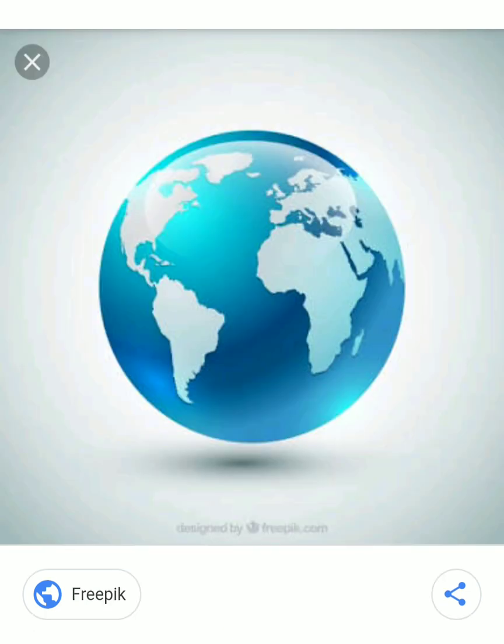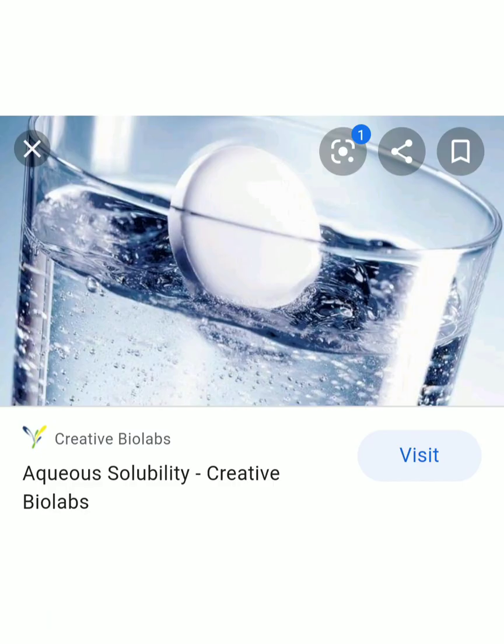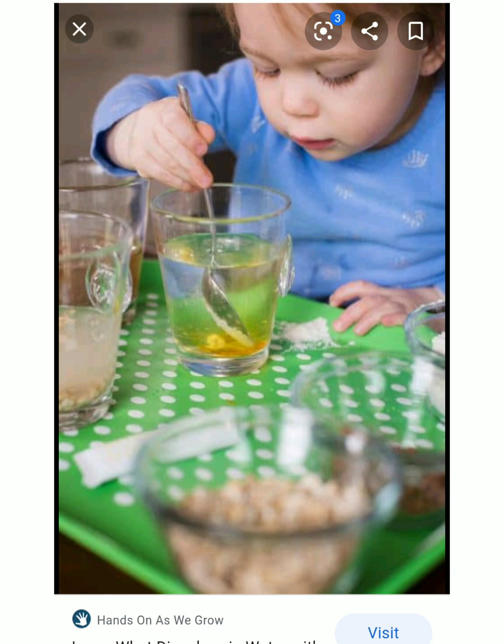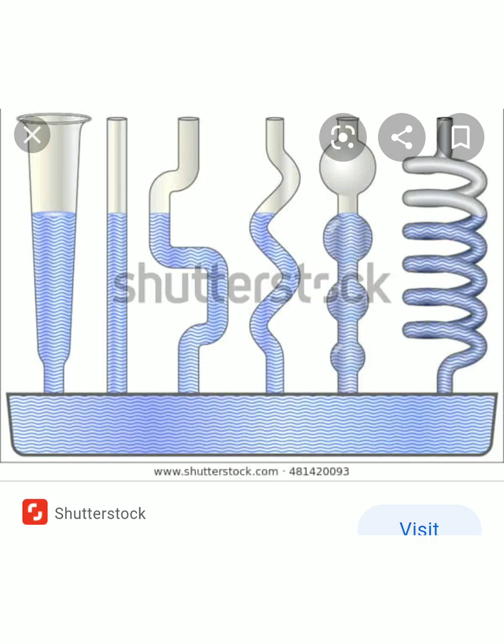Let's revise the points. Okay. Water can dissolve substances. It enables us to make cool drinks, to use salt in cooking, to add dyes or color to our dresses. Water is a liquid, so it has no definite shape.